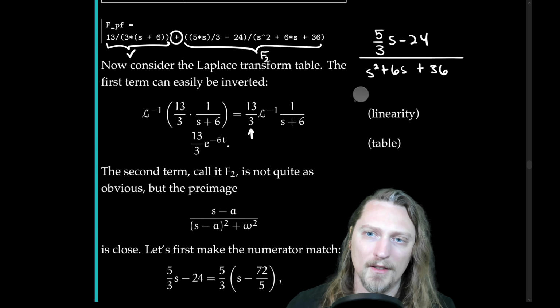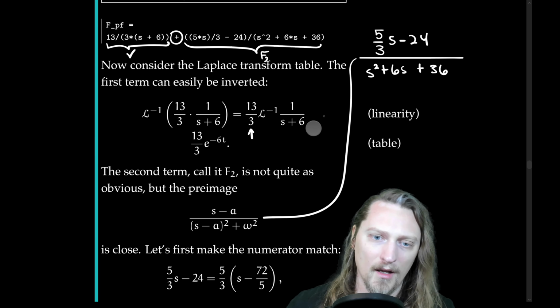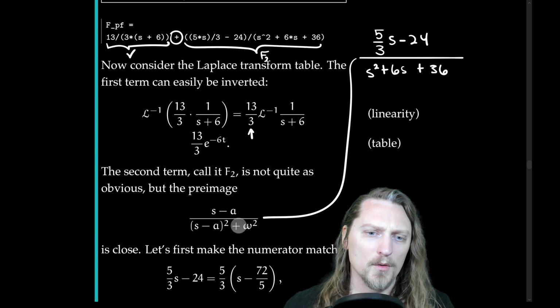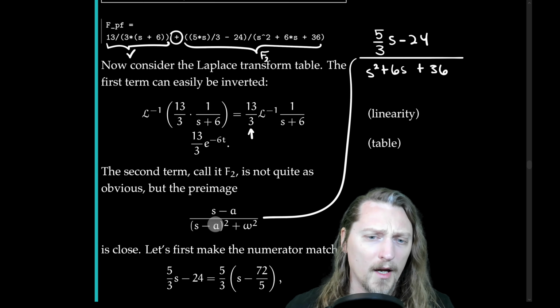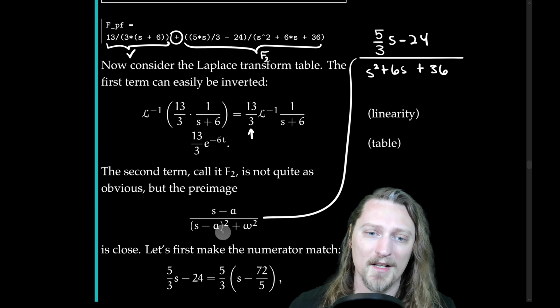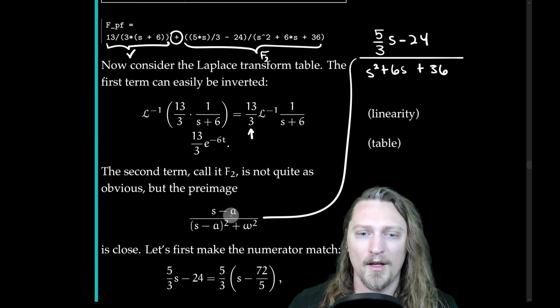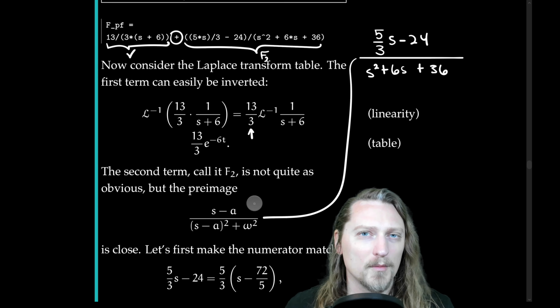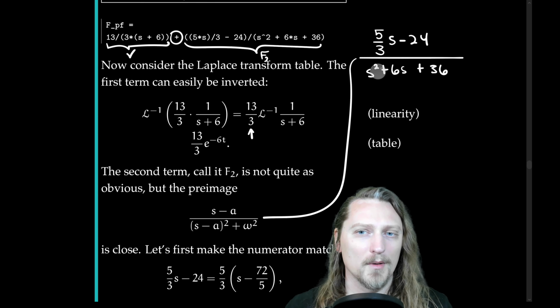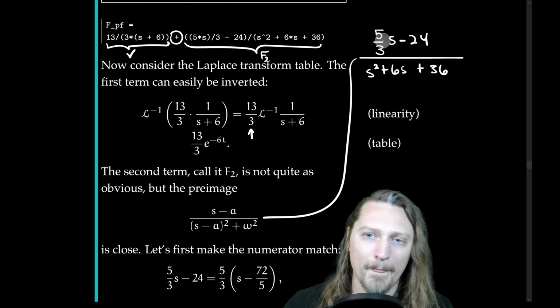So it doesn't look exactly like this because we have to get a 1 as the coefficient of s, and we also need to do some sort of completing of the square where we have s minus a squared here and an s minus a in the numerator. So we don't quite have that situation, so we're going to have to do some massaging here.